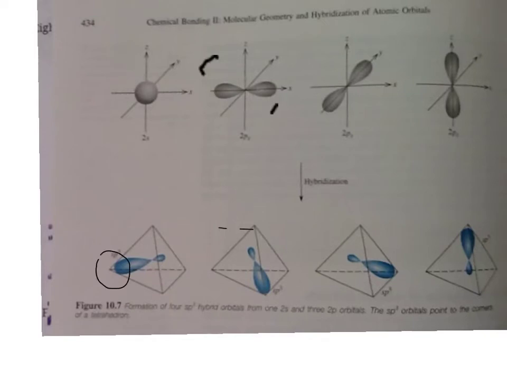So 1 hydrogen overlaps here, 1 hydrogen overlaps here, 1 here, and 1 here. And this is the shape of your hybrid orbitals.